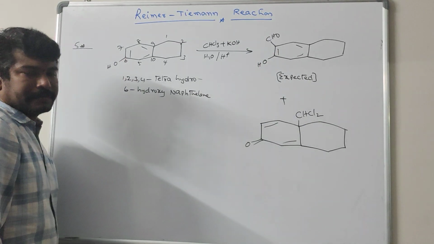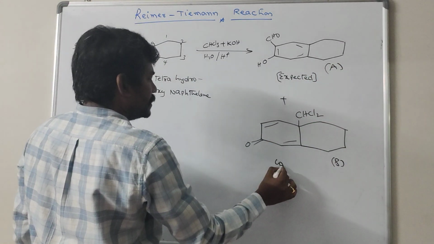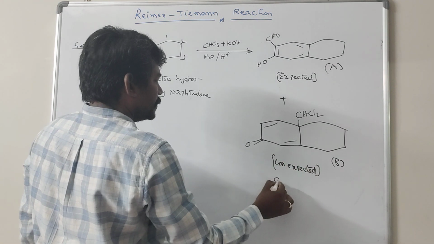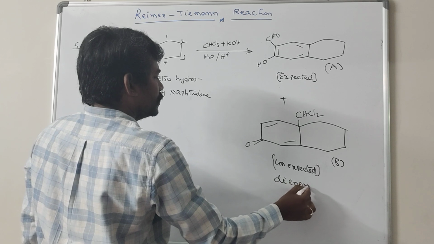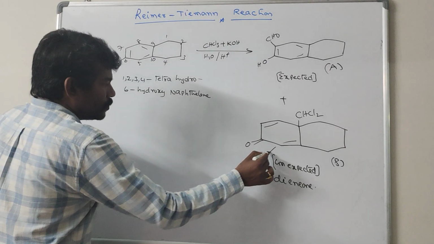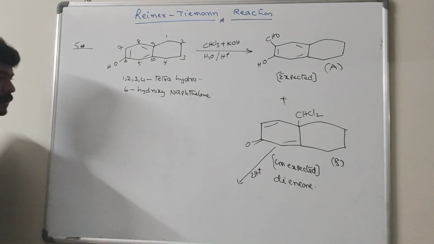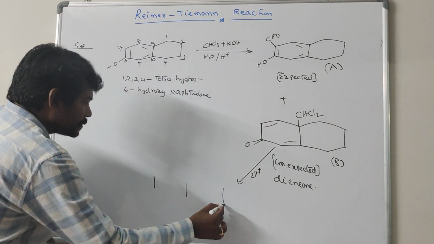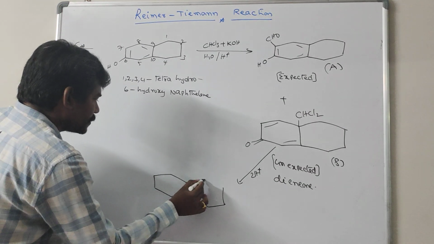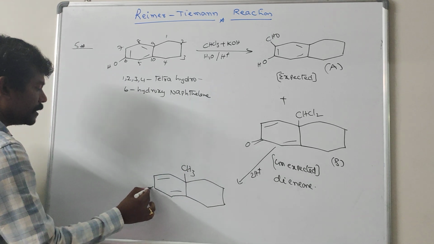This is A and this is B. Then this is the unexpected compound, the dienone formed. The dienone undergoes acidification, which gives the CH3 group along the dienone.